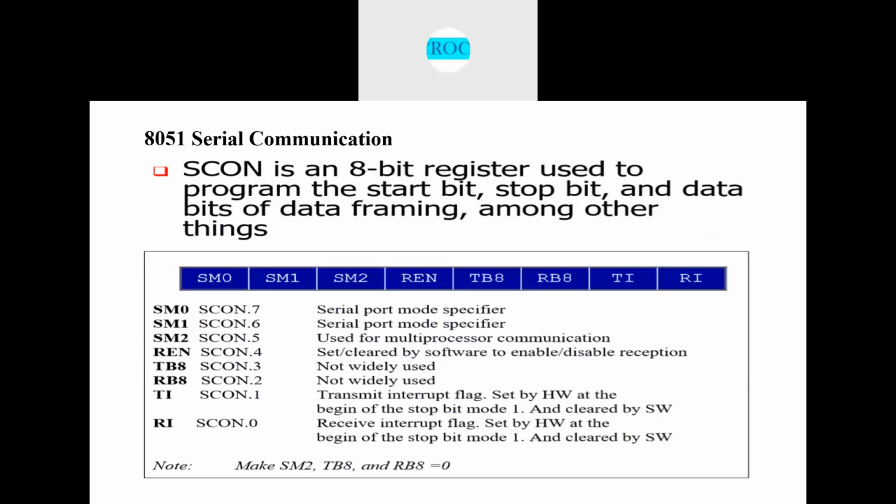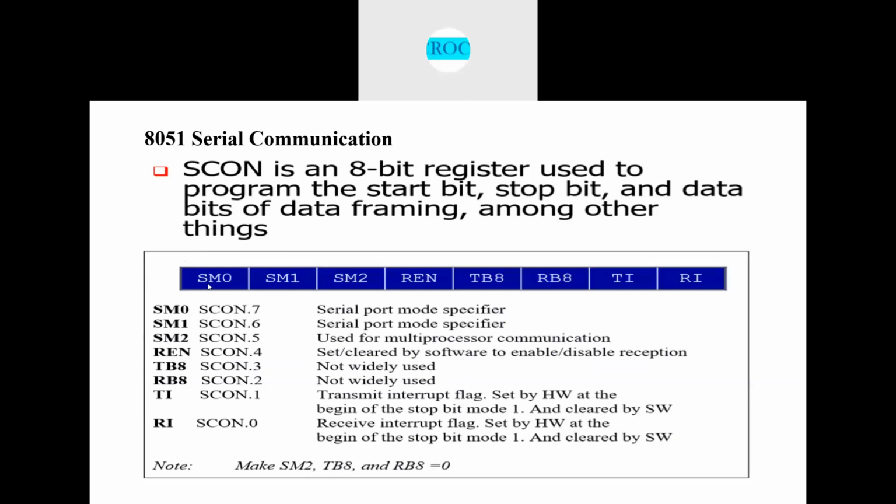And this is about the serial buffer registers. The one more control register we have for serial communication in the 8051 is the SCON register. Again, this is an 8-bit register. This register is used for data framing, to program the start bits and stop bits, and it also defines the different modes of operation of the serial communication.